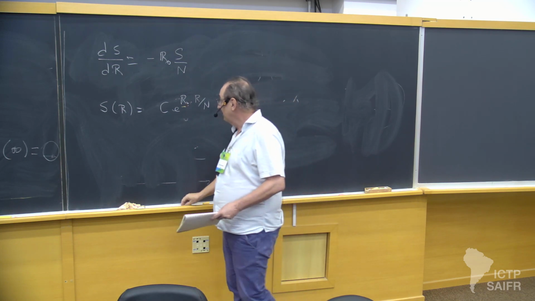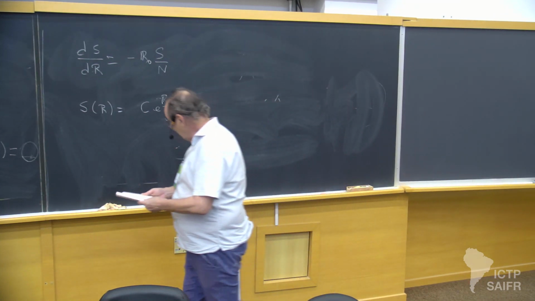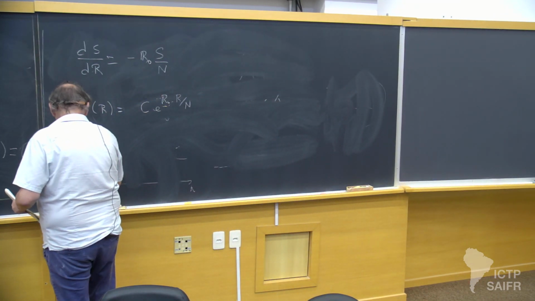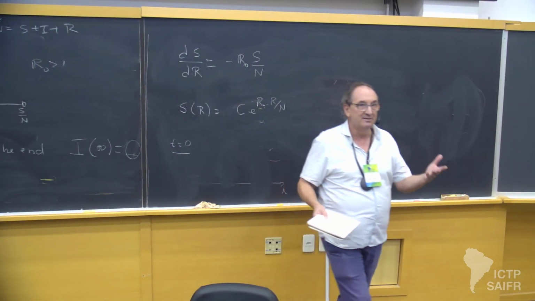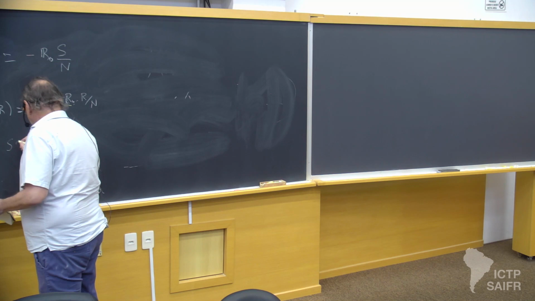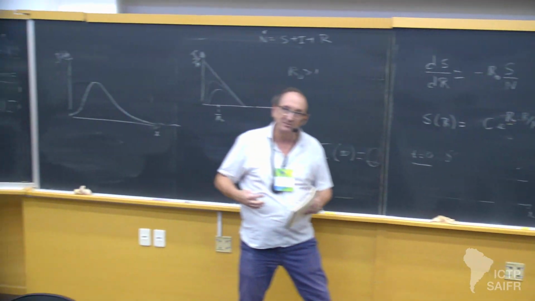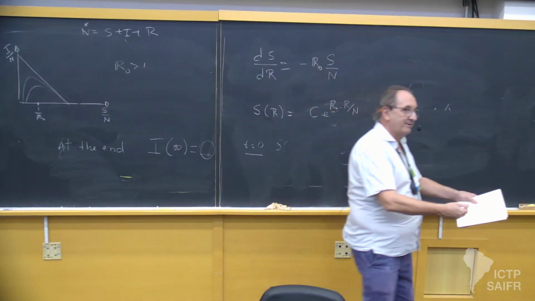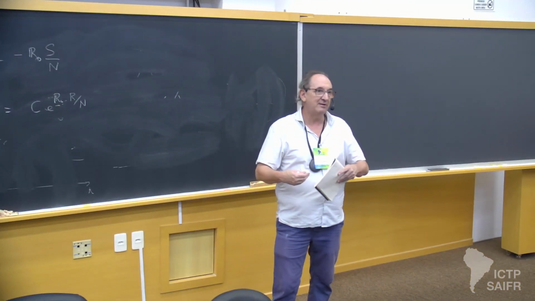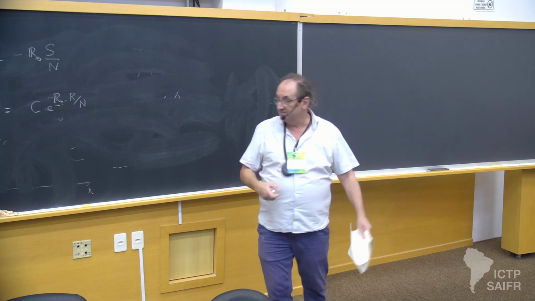Okay, then the value of S at t equals 0. R is 0, because at the beginning of the infectious process there are no recovered, because you have only some very small number of infective, and the rest is susceptible.